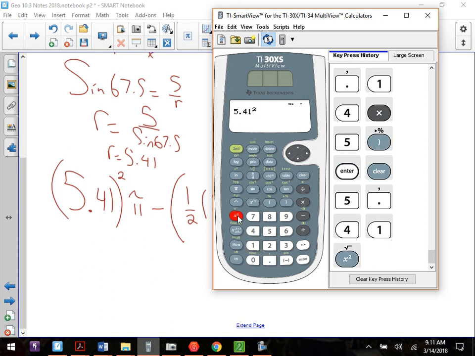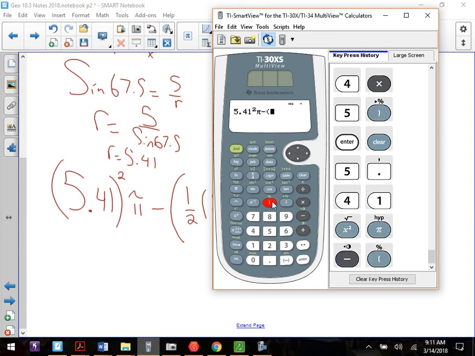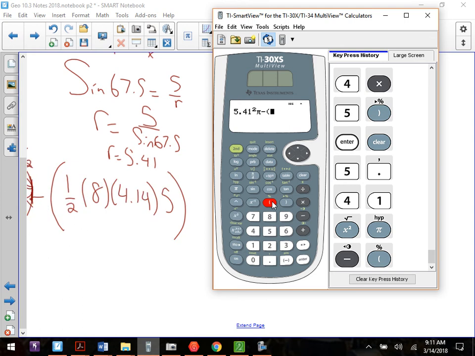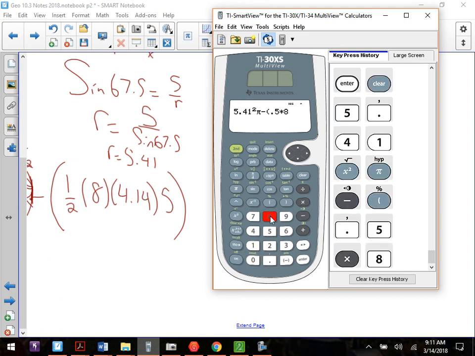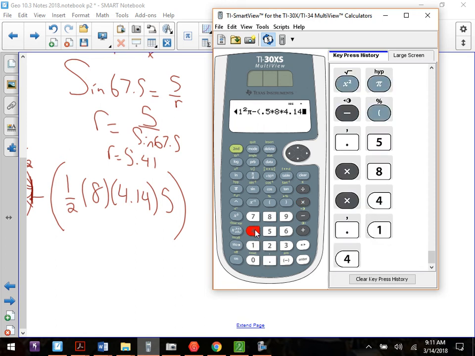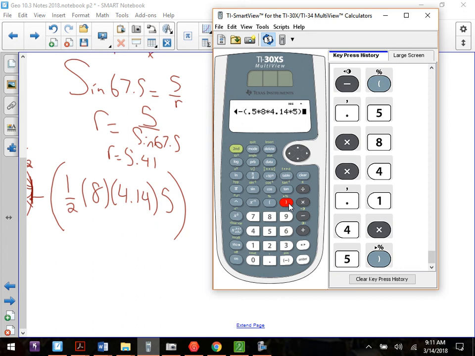Yeah, squared, slap a pi next to it. Okay. Subtract parentheses, 0.5 times 8 times 4.14 times apothem of 5.